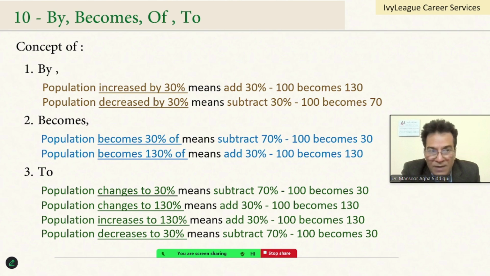Sir, is it that if it is 30%, that is, it is less than 100, right? Yes, 30% is less than 100%. Always. So that means that we have to subtract it from 100 and then write it.